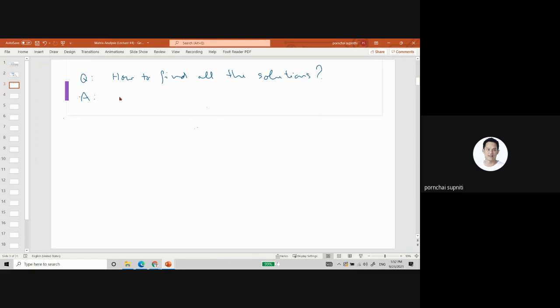So the answer is that the set of all solutions of the equation Ax is equal to b is the set of vector x0 plus vector y, such that y is in the null space of A.